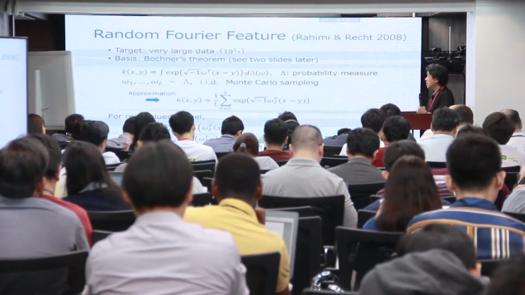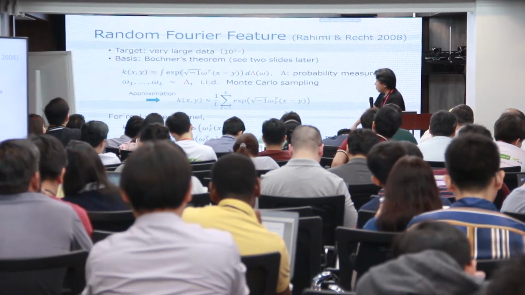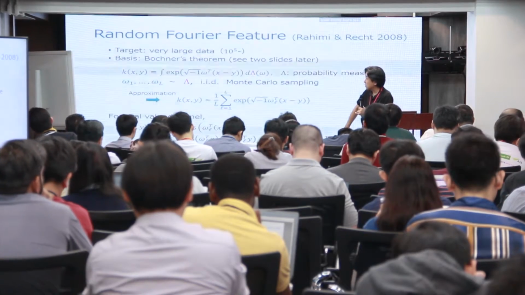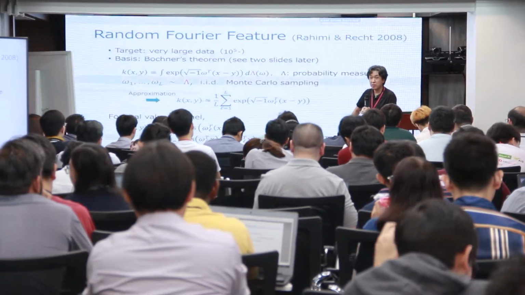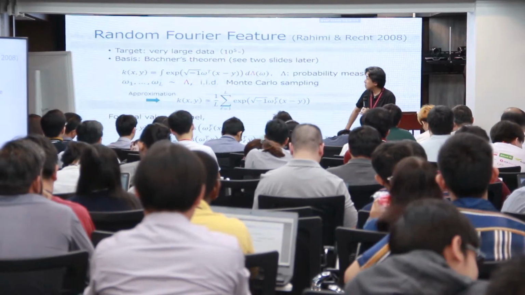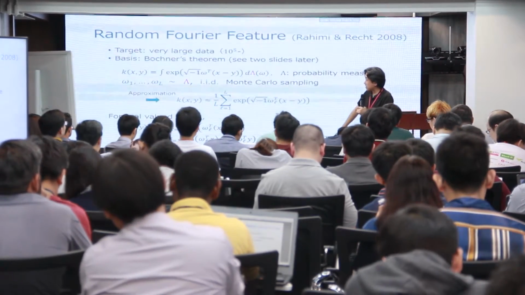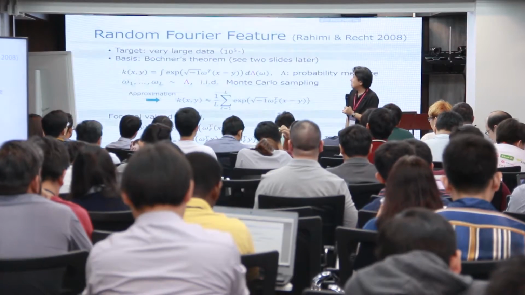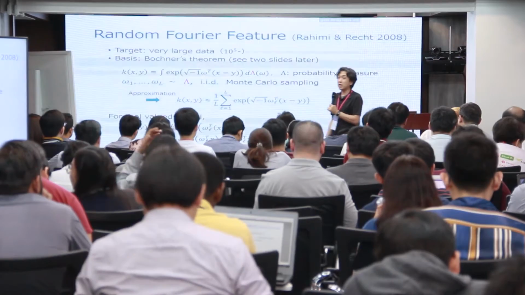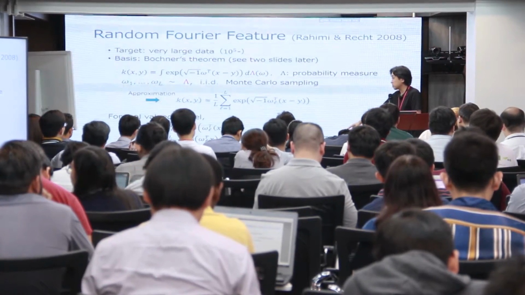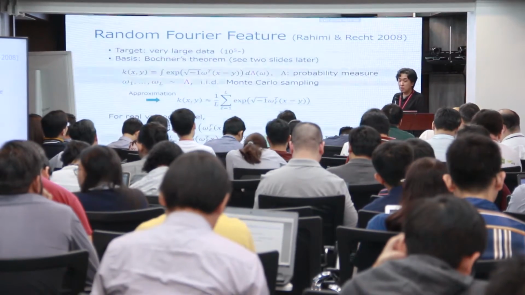So in the end, we have a very simple approximation of the kernel in this sinusoidal function form. This is random Fourier feature. And the point is that these omega are generated from some distribution depending on the kernel. The form of the function approximation is always the same, but the omega depends on the original kernel.